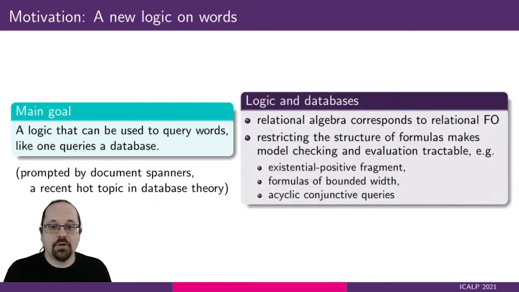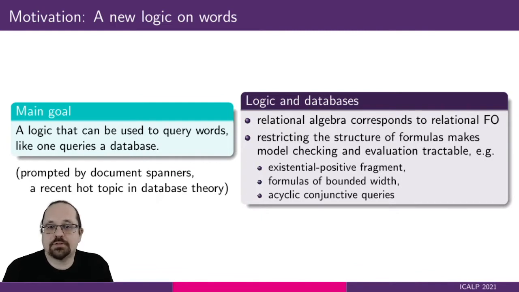When I talk about logic in databases, just a short introduction if you didn't know that before, or refresher if you did. Relational algebra, as it's used for relational databases today, is essentially just a different form of using relational first-order logic. More specifically, a lot of the results in database theory can be summarized very briefly as: restricting the structure of a formula makes the formula more tractable.